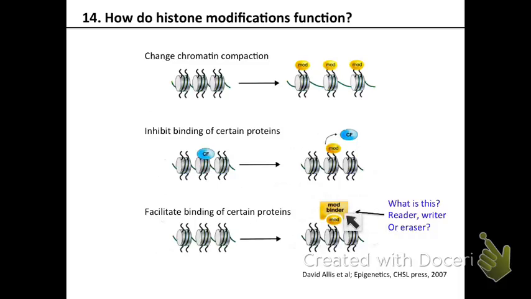What category would you put this modification binder protein, the mod binder? Reader, right? Because it reads, it binds to it. A writer is actually the protein that's going to put the modification onto the histone tail.